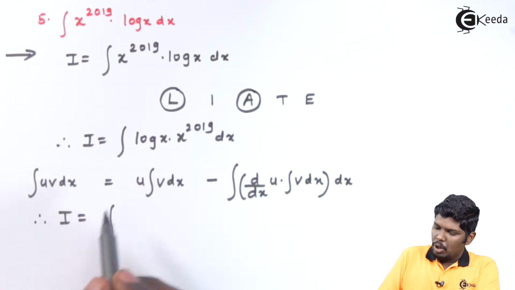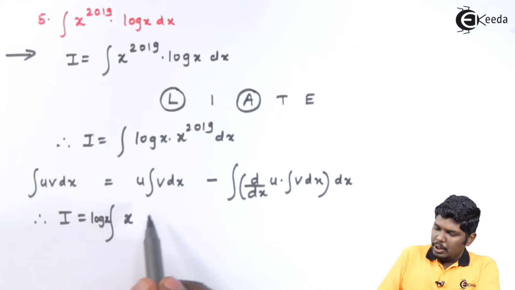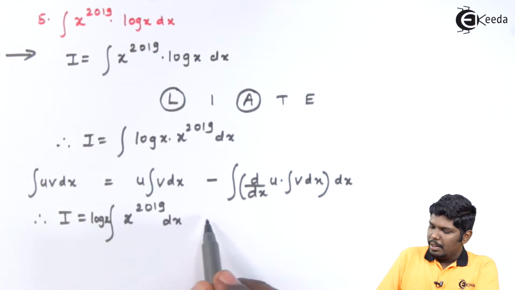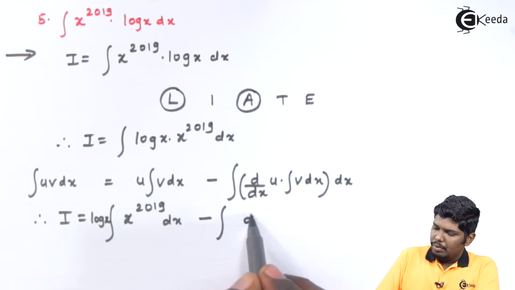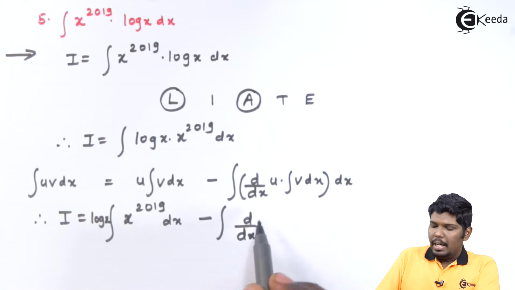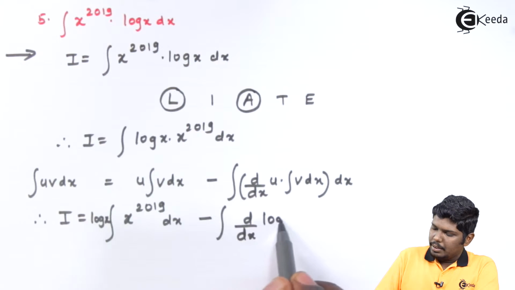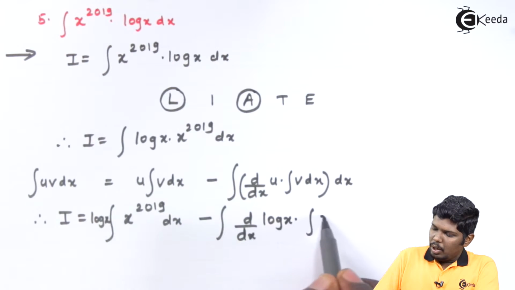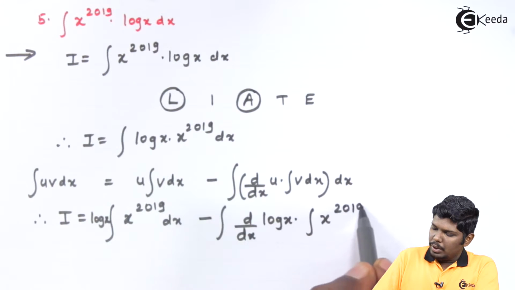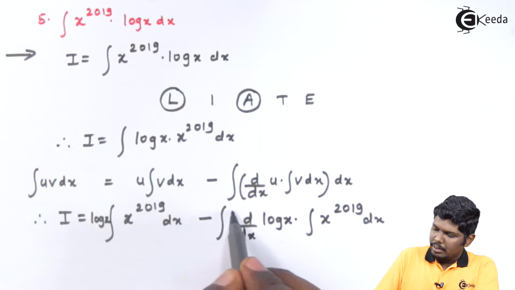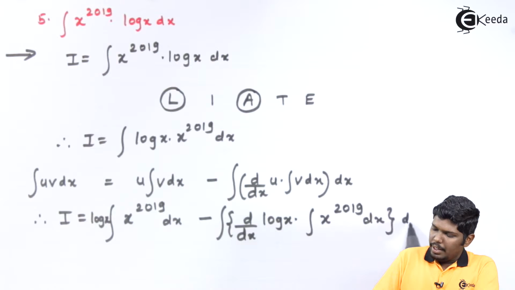What is u? It is log x, into integral of x raised to 2019 dx minus integral of d by dx of u, that is log x, into integral of x raised to 2019 dx the whole dx.